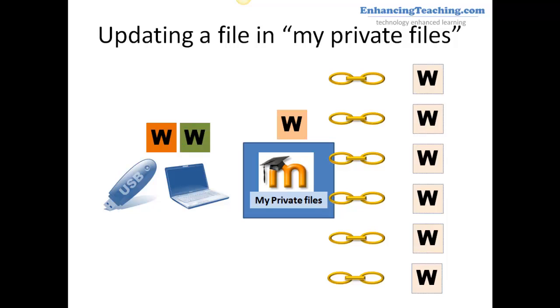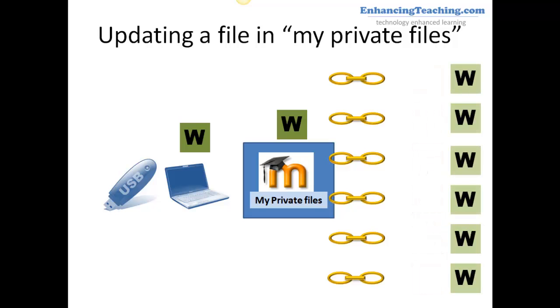As before, we'll create the revised version represented here by the W in the green text box. And we upload that revised version onto My Private Files. And essentially what it's done is the link then remains to all the different courses. The revised version replaces all the older versions.